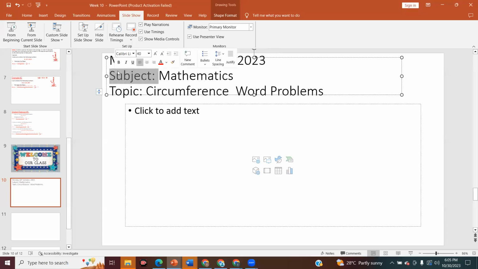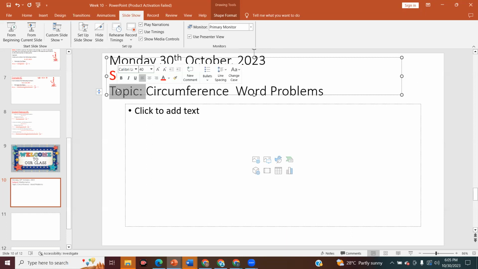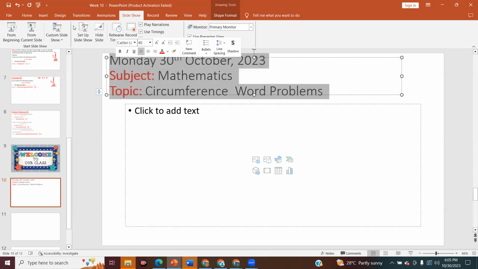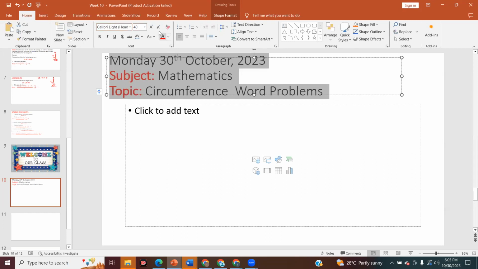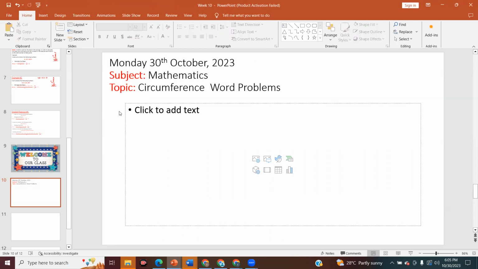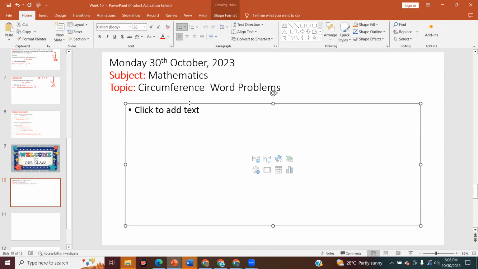So we've been looking at the circumference of a circle and the circumference of a semicircle. We gave the formulas for that. The circumference of a semicircle is given by pi r plus 2r, and the circumference or the perimeter of a circle is given by the formula 2 pi r, where pi is approximately 3.14 and r is the radius.